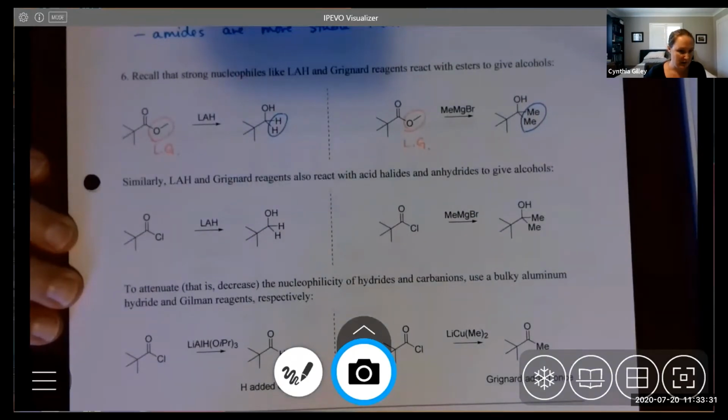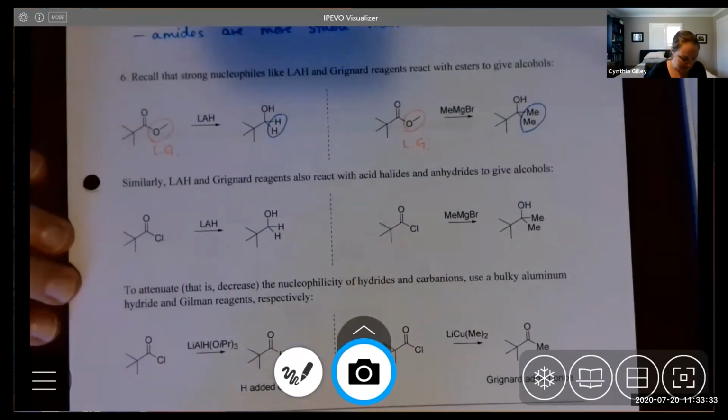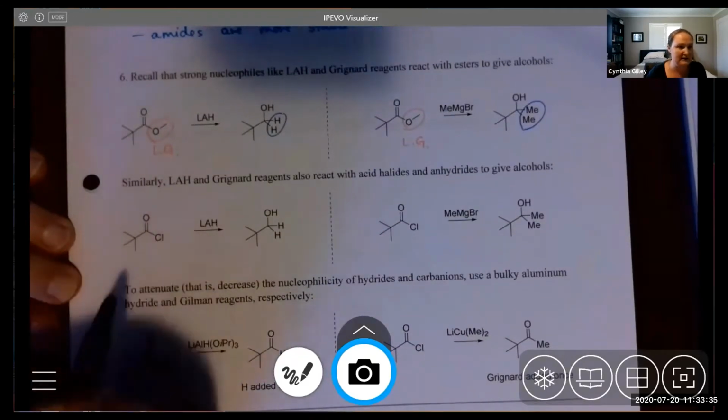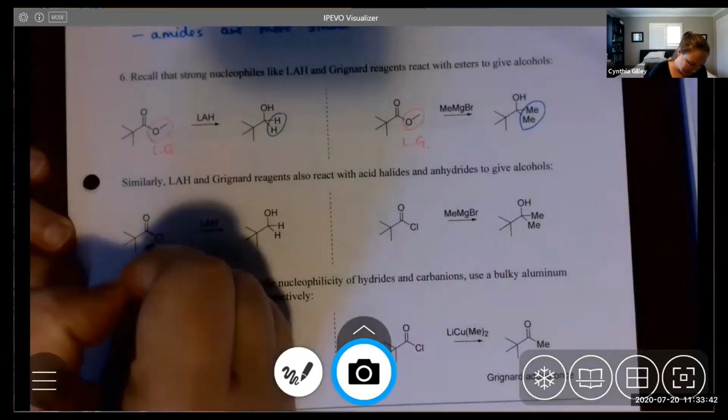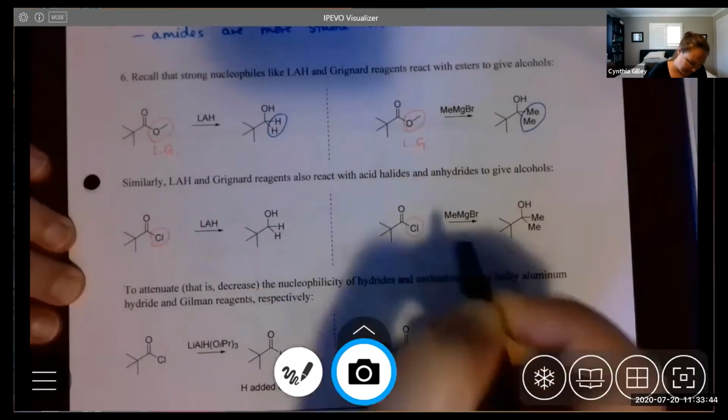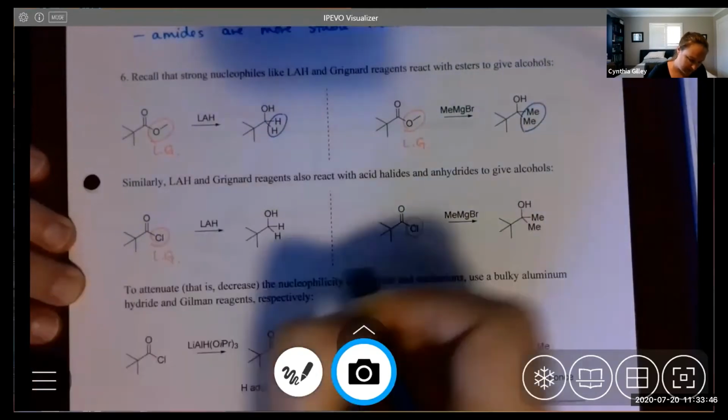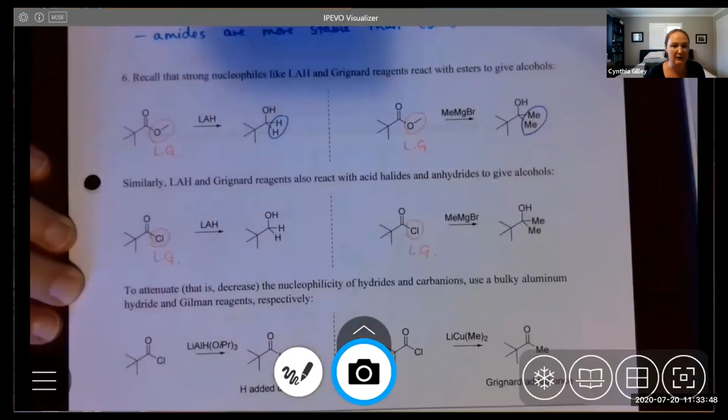Okay. And then it's introducing here that acid chlorides really react the same way as esters in a lot of reactions because they also possess something that can act as a leaving group, right? And it's an even better leaving group, so it should be even more reactive than the ester.